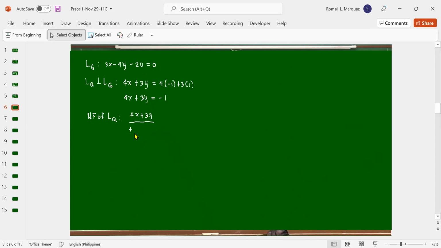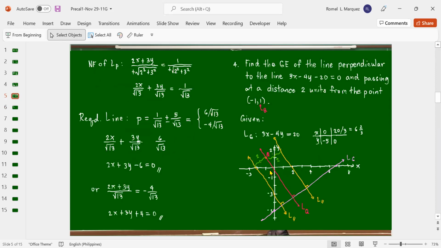Positive square root of 4 squared, 16, plus 3 squared, 9. Negative 1 over square root of 16 plus 9. Simplifying, we have 4x over 5 plus 3y over 5 equals negative 1/5. Again, it is negative because the line LQ is below the origin. So our graph is a bit accurate.